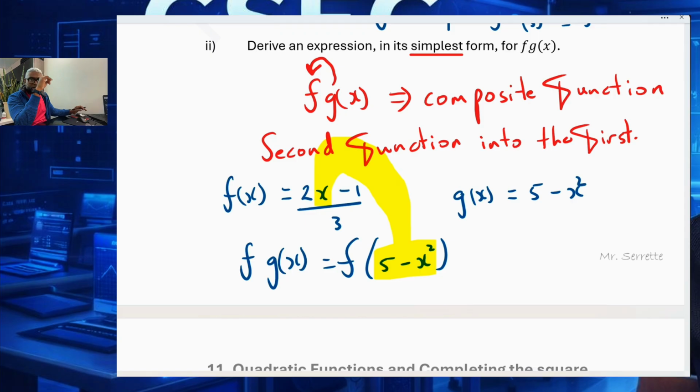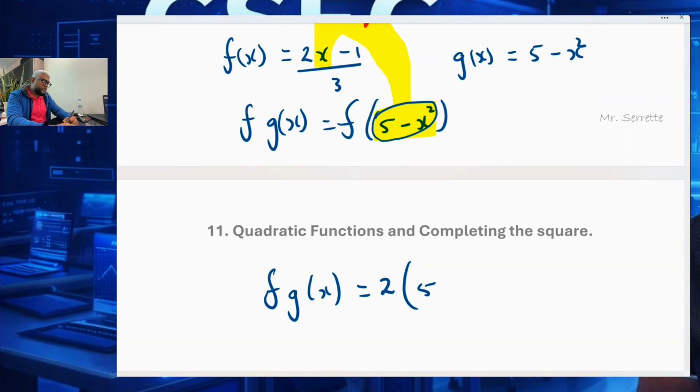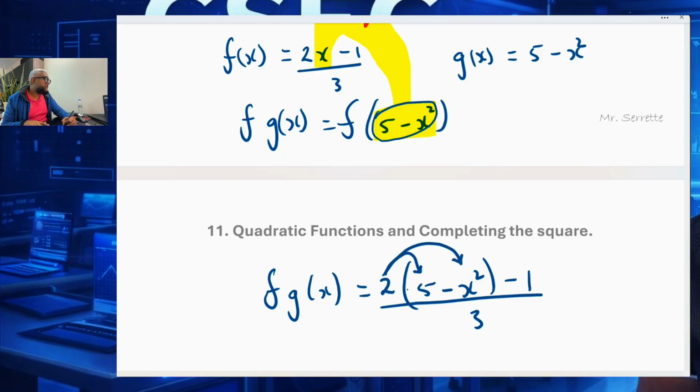So f g of x will be equal to 2 open brackets 5 minus x squared close bracket. You still have to put the minus 1 all over 3. If they want us to write this in its simplest form, we need to get rid of the brackets. Take the number in front of the brackets and multiply it by every single thing within.